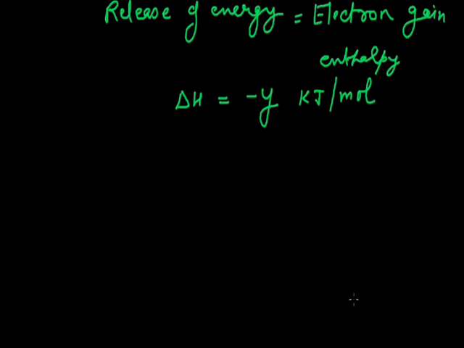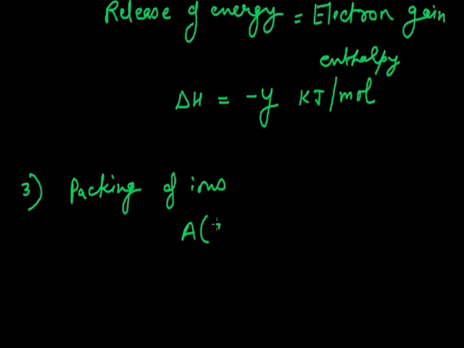The third step is packing of these ions, that is the cation and the anion which is formed in the first and second step, to form a solid compound AB. The reaction could be considered as follows.